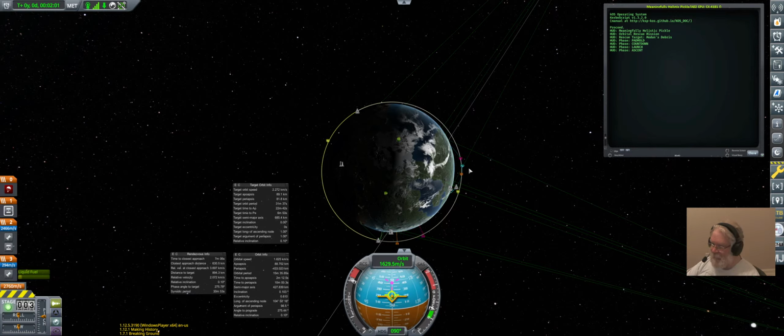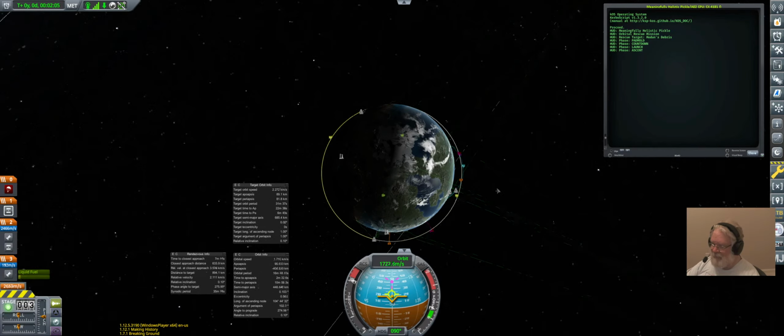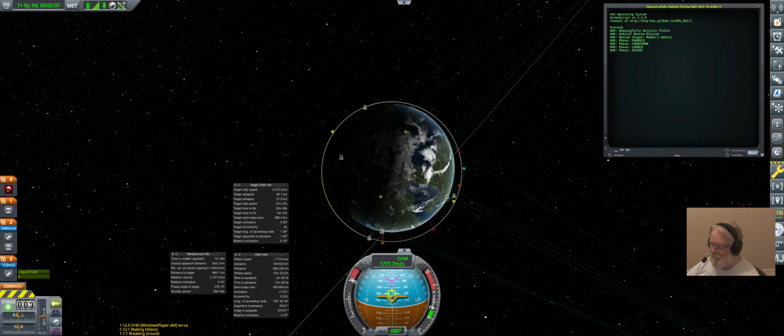Okay, so as our apoapsis grows, you notice that KSP itself has identified that we are crossing over the target orbit. Now, these markers are not closest encounter markers as I thought they were. They're just where your orbit intersected its orbit, and where it was when you intersected.